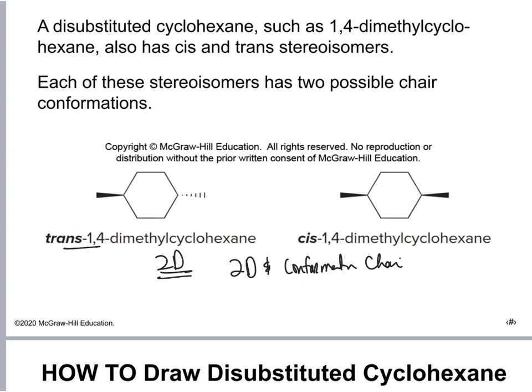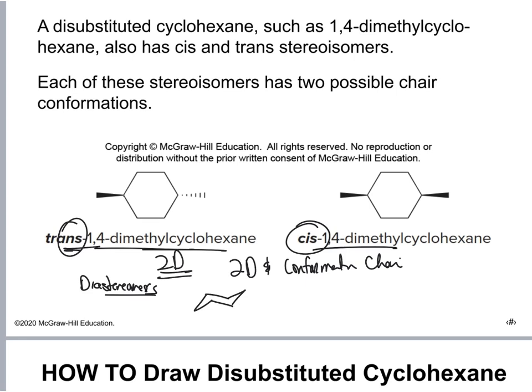So this is a trans 1,4-dimethyl cyclohexane. This is a cis. Do you see how you add the cis and the trans to the name? These are diastereomers. That's the relationship to each other because they have the same connectivity, they have the same molecular formula. That makes them not constitutional, but trans and cis, they have different orientations in space.